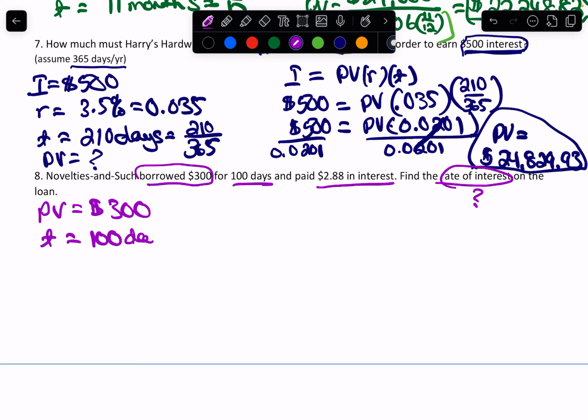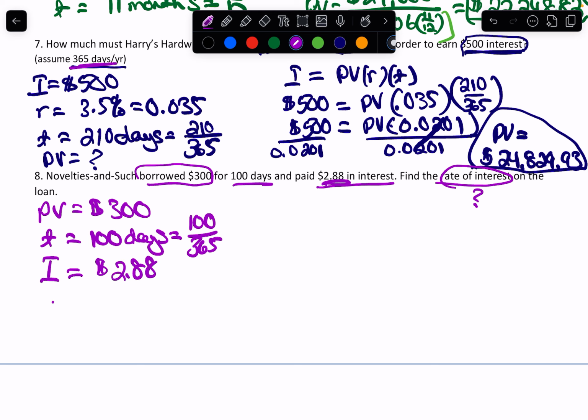We're going to assume still that it is 365 because it was given to us on that previous one. I know that it doesn't say it on this. On your exam, it will be clear. And then interest is going to be 2.88. So that is the interest that is paid.